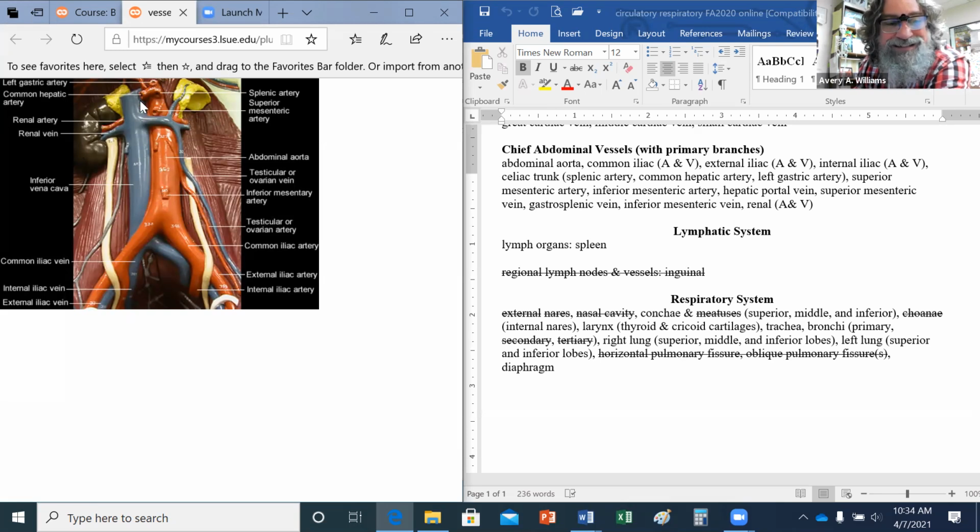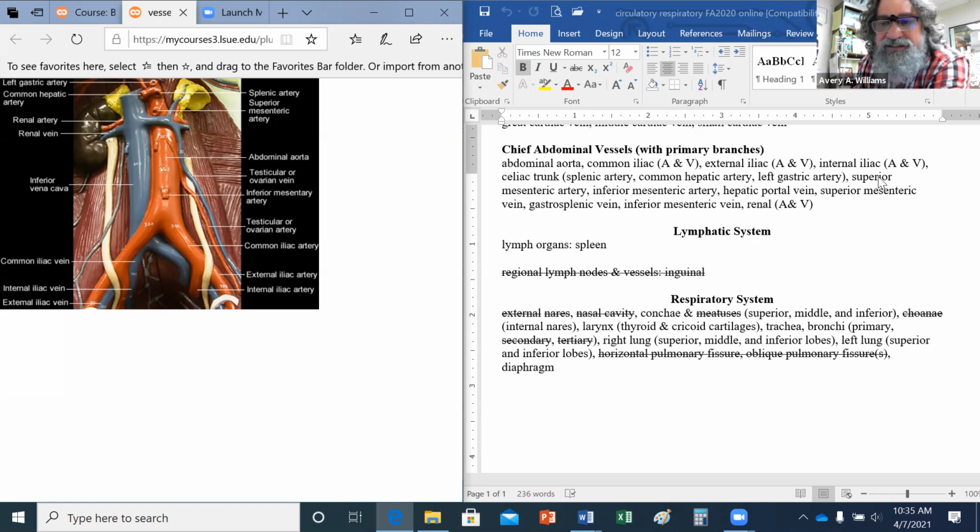The first unpaired branch is the celiac trunk, which splits into 3. It has a branch going to the stomach as the gastric artery, a branch going to the liver as the hepatic artery. Here they call it common hepatic, that's fine. They have a branch right here going to the spleen as the splenic artery. So 1, 2, 3, gastric, hepatic, splenic, the 3 branches of the celiac trunk, okay?